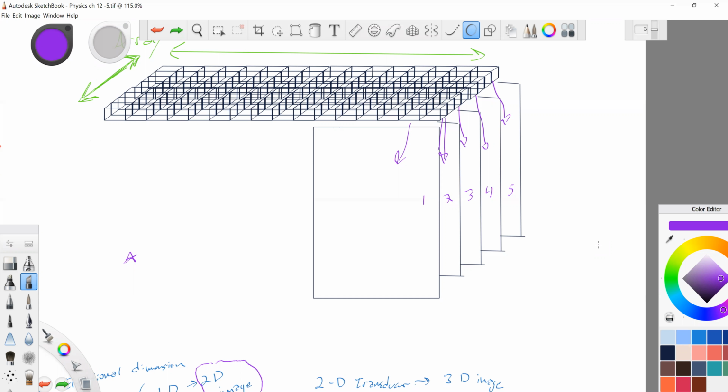Remember, we learned that different aperture sizes create different natural focuses. So let's take an aperture of this size, 3 elements wide. Let's take another aperture, 1, 2, 3, 4, 5, 6 wide.